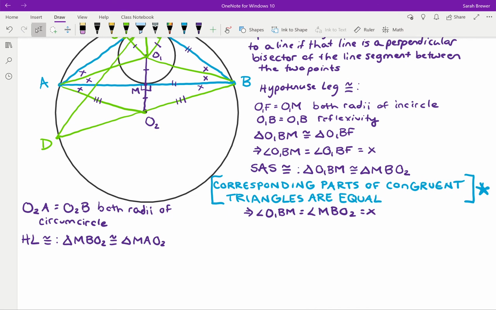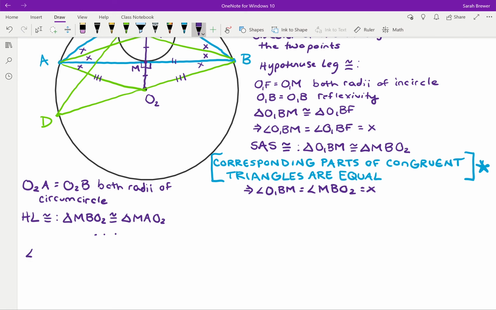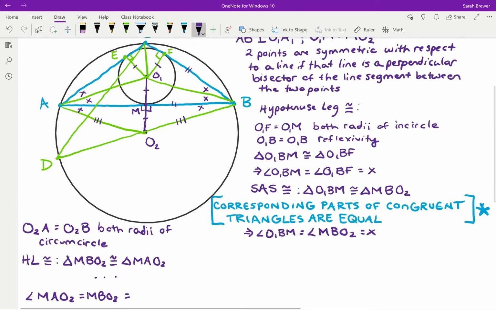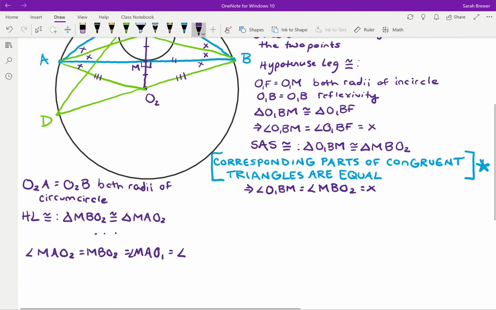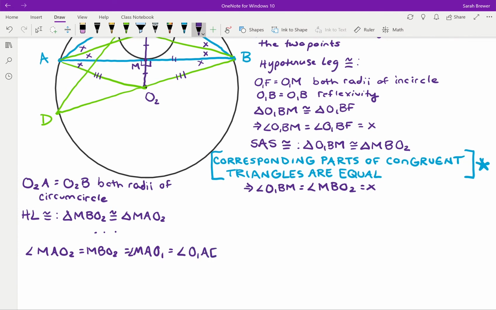So let's see if you can fill in the blanks there. So basically, I have that angle MAO2 is equal to angle MBO2, and I also get angle O1AE, and so those are all having angle measure x.